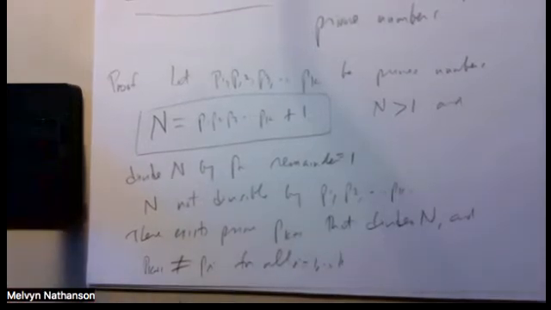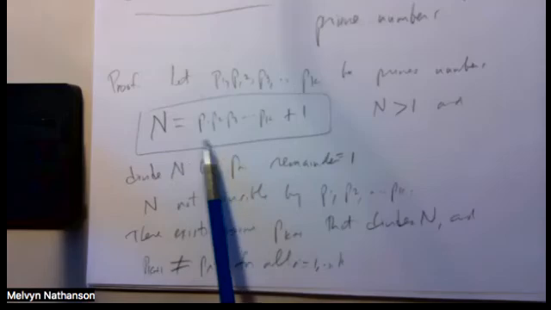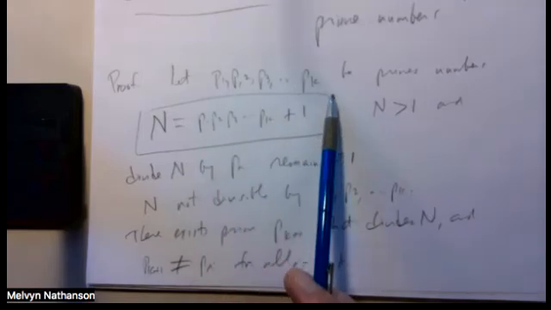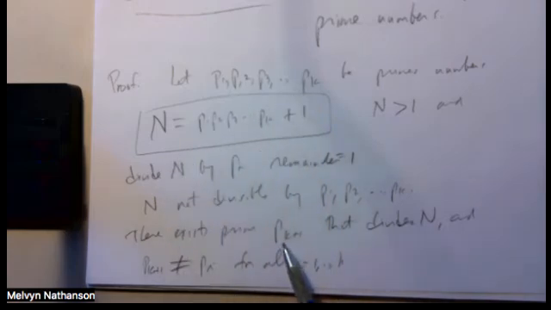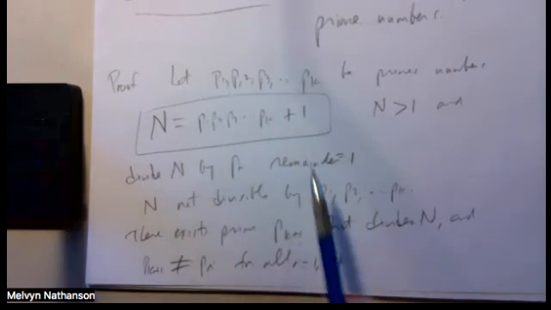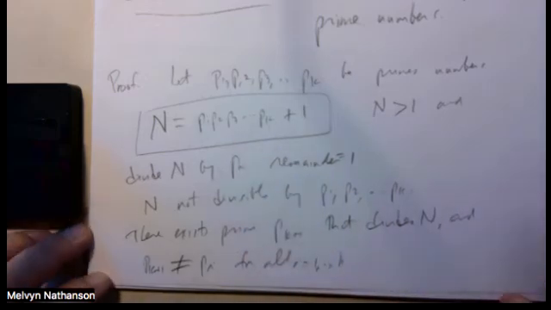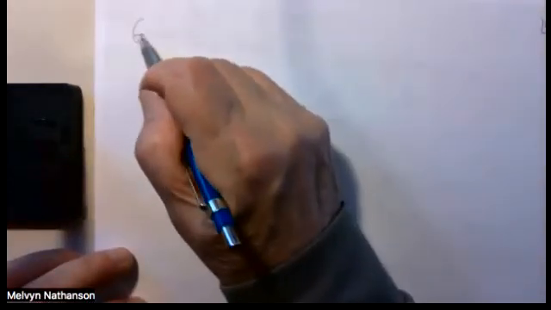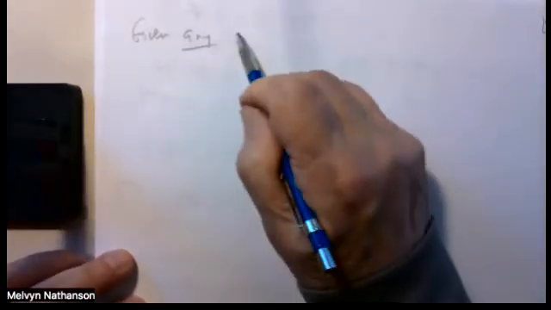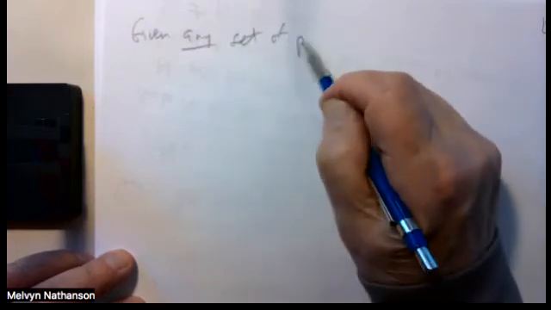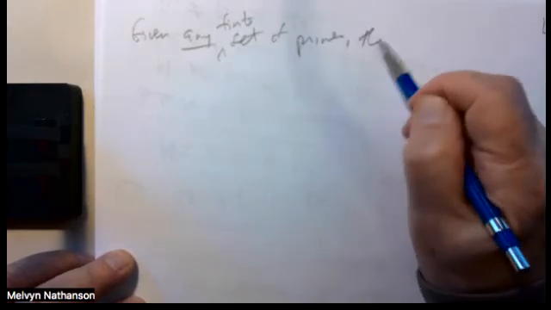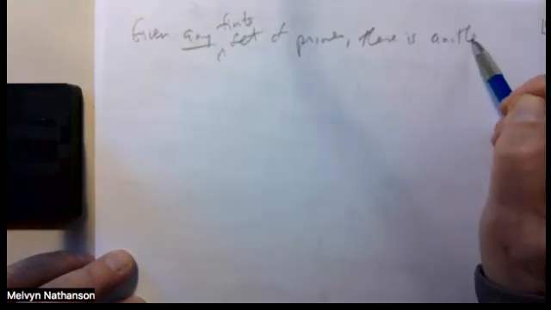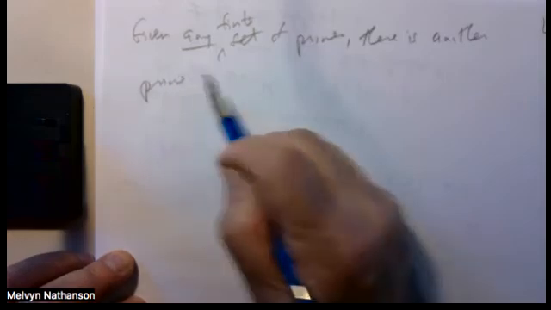This number n isn't divisible by any of these k primes. It always leaves a remainder of 1 if you divide by any of these k primes, but it's divisible by some prime. I'll call it P sub k plus 1. So this is a prime different from all of these. So given any finite set of primes, there is another prime not in the set.